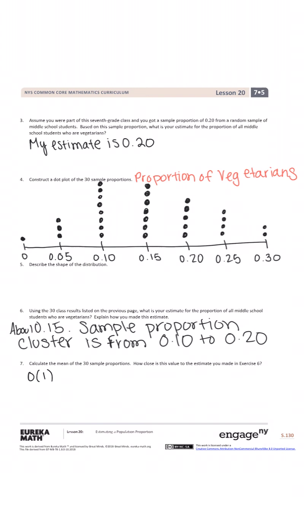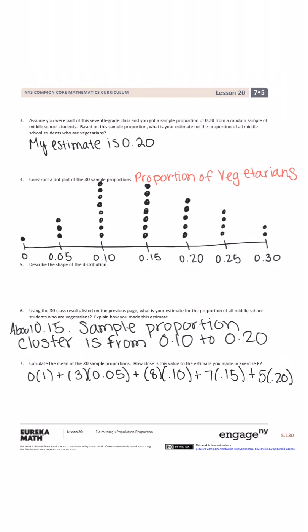Now we're going to have plus 3 times 5 hundredths, because in our 5 hundredths place we have 3 dots. Our next one is 8 times 10 hundredths, and then we have 7 times 15 hundredths, and 5 times 20 hundredths.